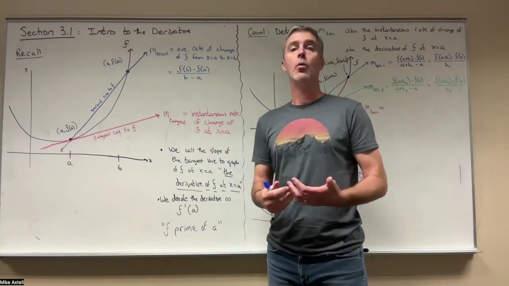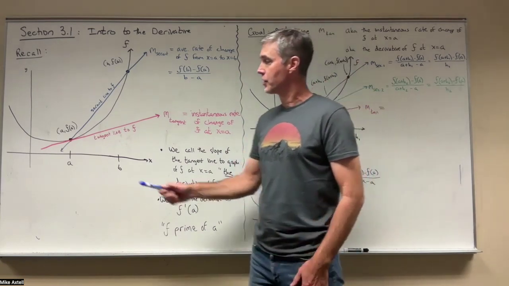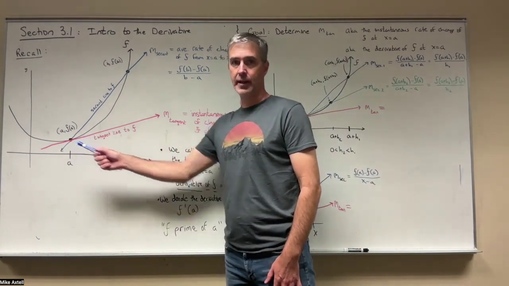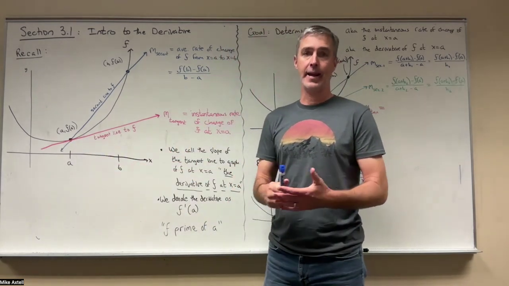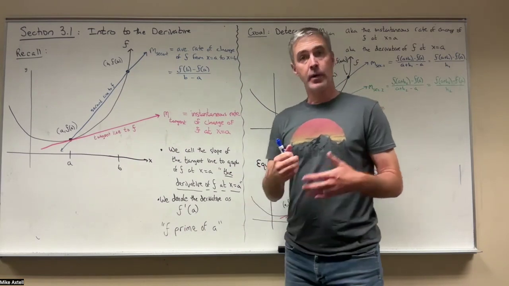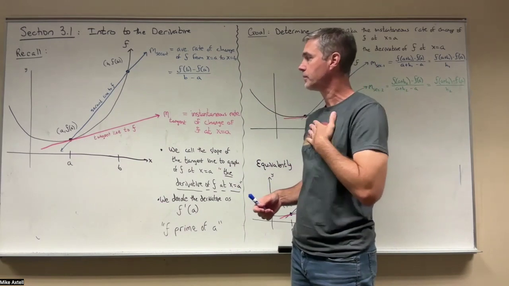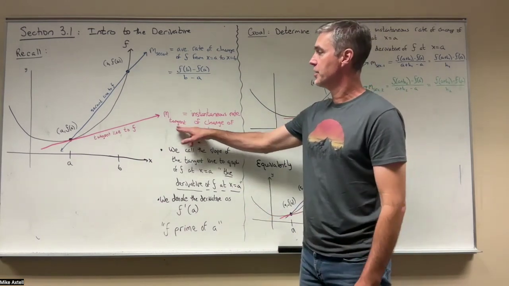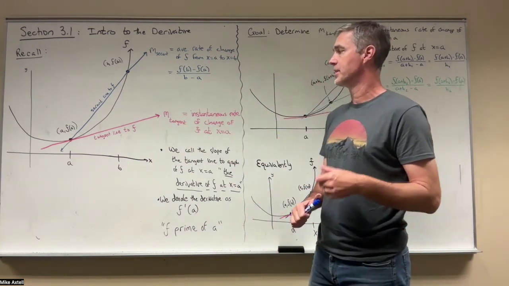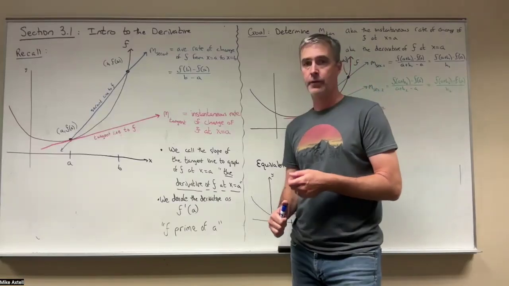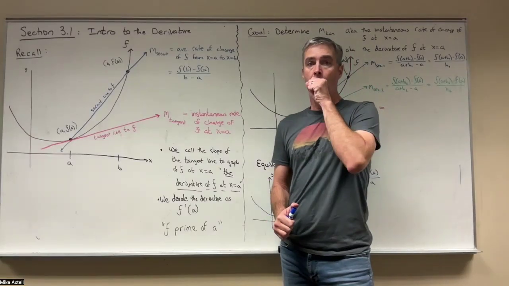Now, our goal is going to be to figure out the slope of this tangent line to the graph of f at x equals a. And we had some problems related to this earlier as well. So the slope of the tangent line, we call that the instantaneous rate of change of the function at x equals a.